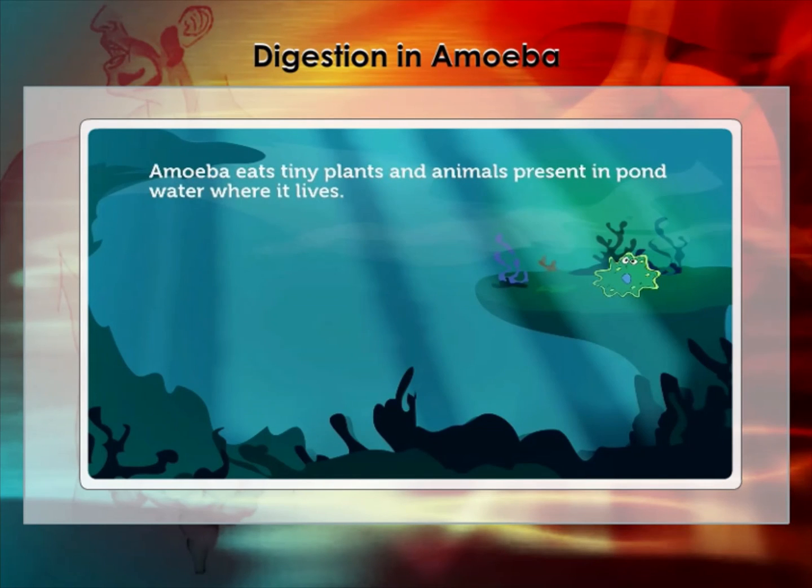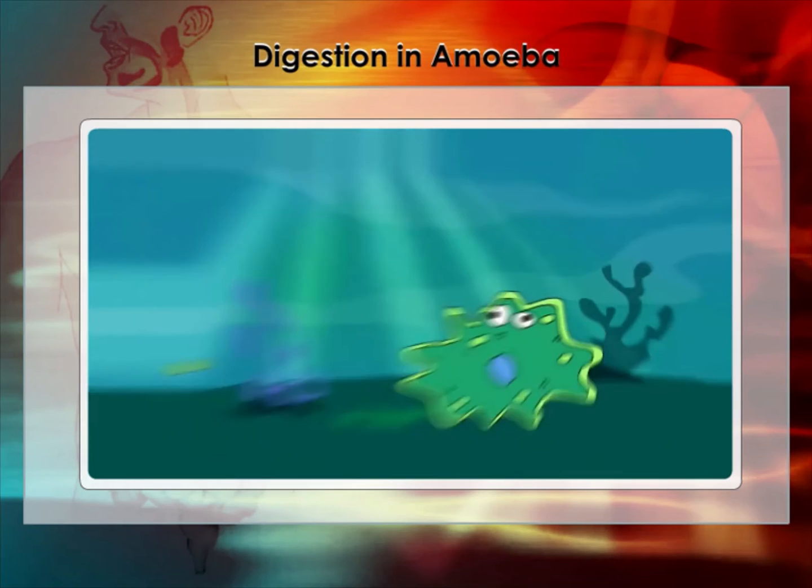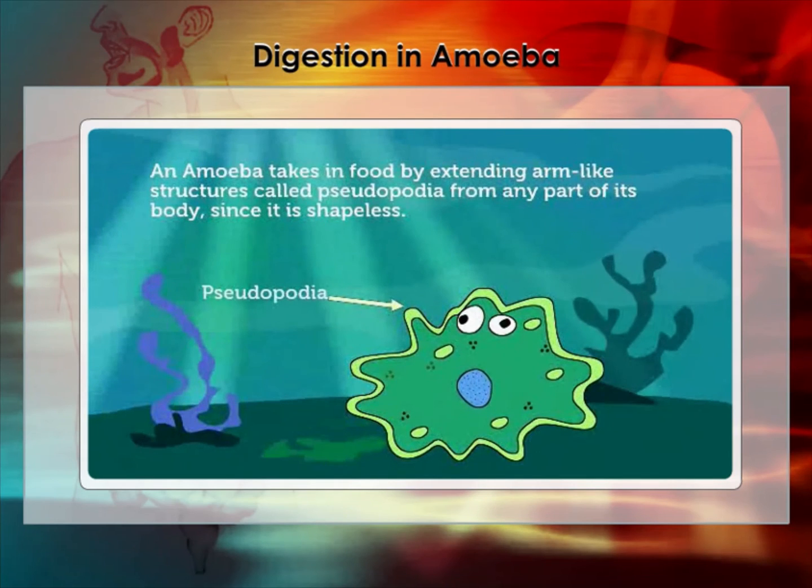Amoeba eats tiny plants and animals present in the pond water where it lives. An amoeba takes in food by extending arm-like structures called pseudopodia from any part of its body, since it's shapeless.